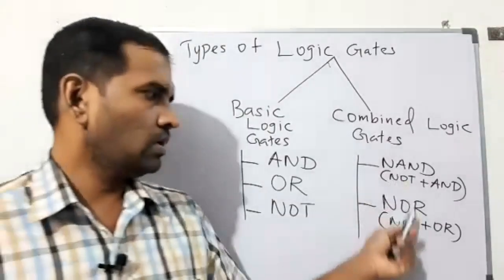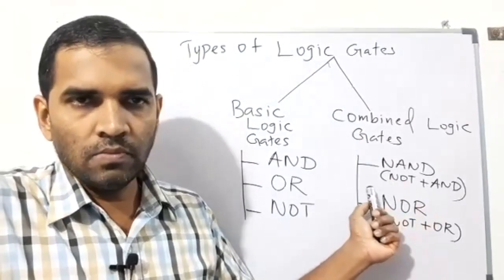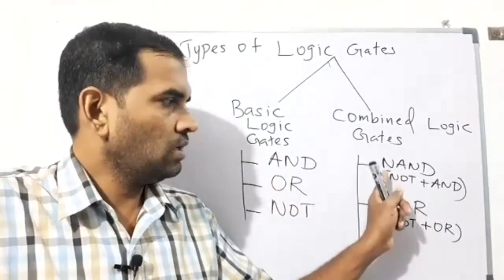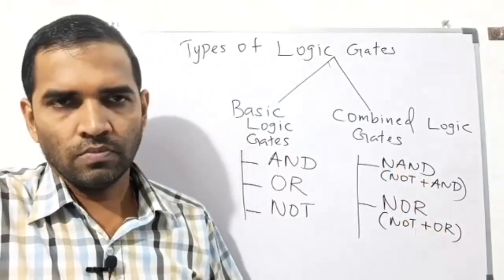Show these two things within the bracket, because then only you can easily remember that the gates involved in these two. Here, NOT and AND are involved. Here, NOT and OR.